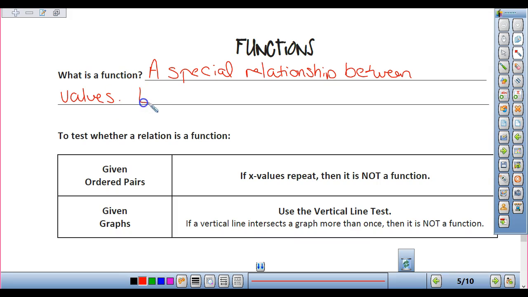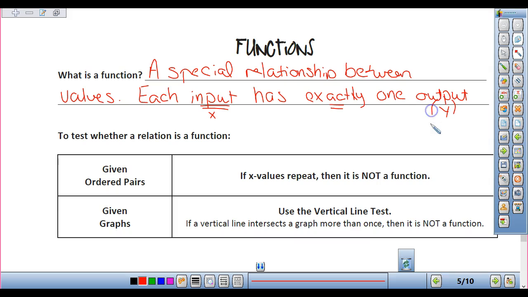Each input, which is normally our x, has exactly one output, which is our y.